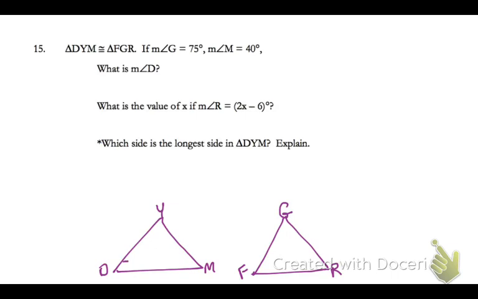So I know that G is 75 and I know that M is 40. If these two triangles are congruent, then F must also be 75 and R must be 40.